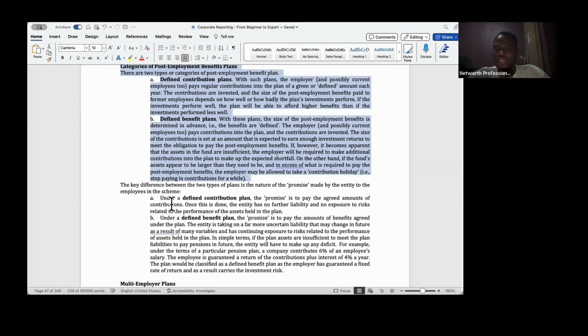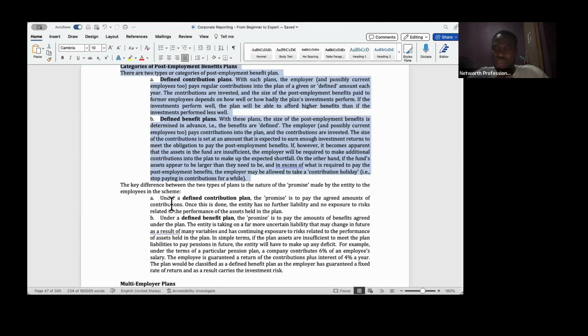For a defined contribution plan, the promise the employer has made to the employee is that he will make a regular contribution to a plan. And that is it.